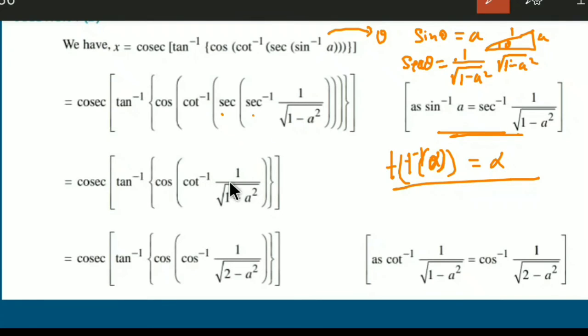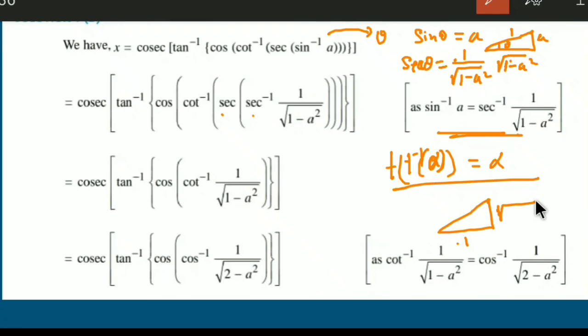Now this cot inverse you have to convert into cos inverse, so that we can use cos of cos inverse. Same process: cot inverse is 1 upon under root 1 minus A square. Make a right angle triangle, with base upon altitude, and with the help of this you can find the hypotenuse, that is 1 plus 1 minus A square, that is 2 minus A square.